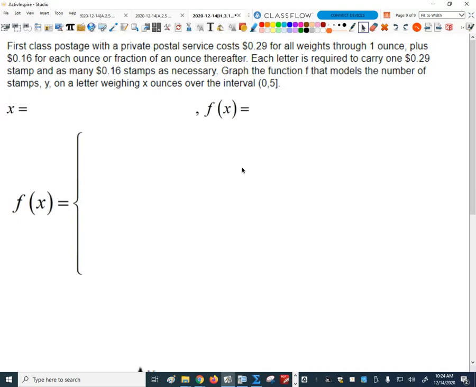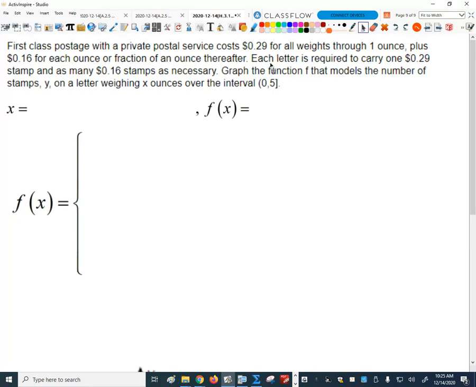Right? It says all weights through 1 ounce, you have to have a 29-cent stamp. So any weight that is less than or equal to 1 ounce, guaranteed you're putting one 29-cent stamp on the letter. Does that make sense?